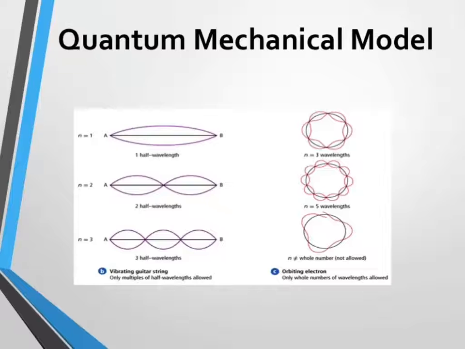You can't have half of a wave. It has to be a whole number wavelength. So they are going from the nucleus with the 7 orbits out there: 1, 2, 3, 4, 5, 6, 7.